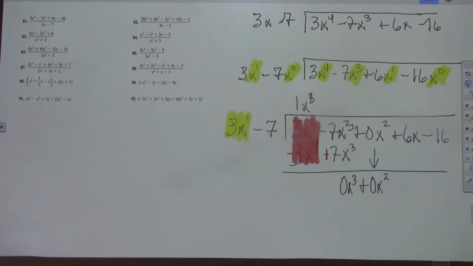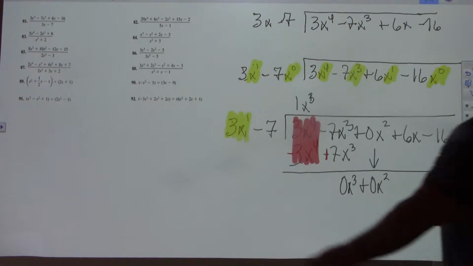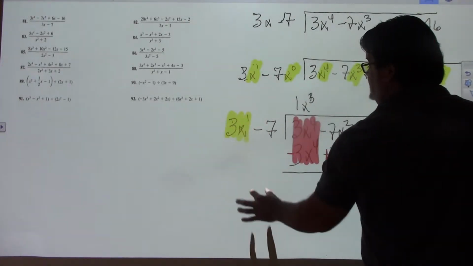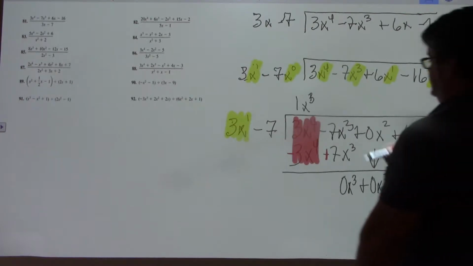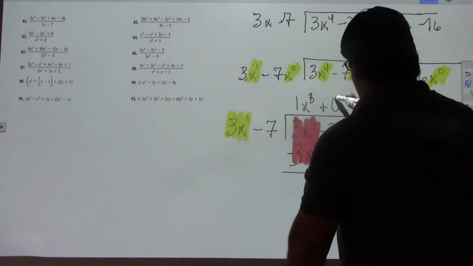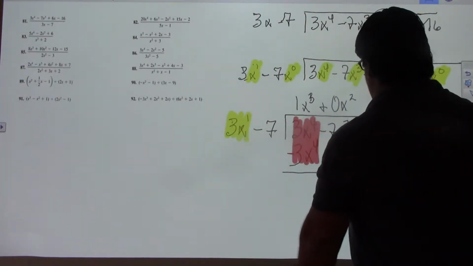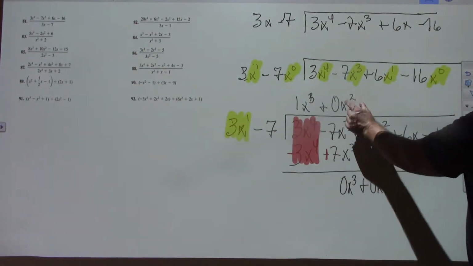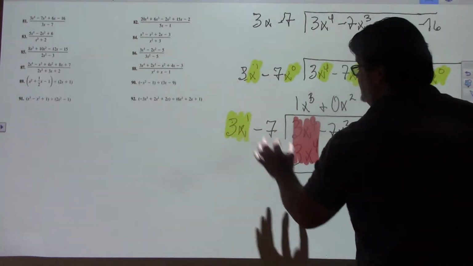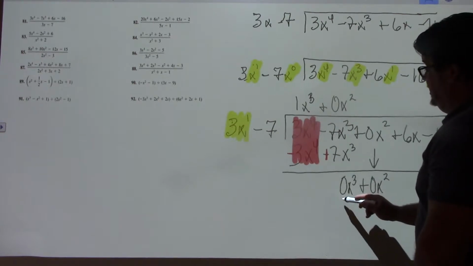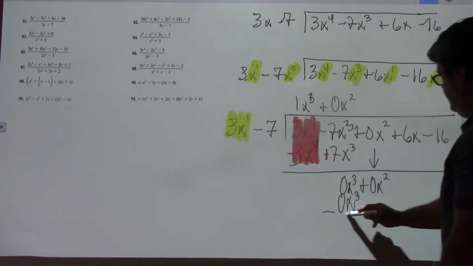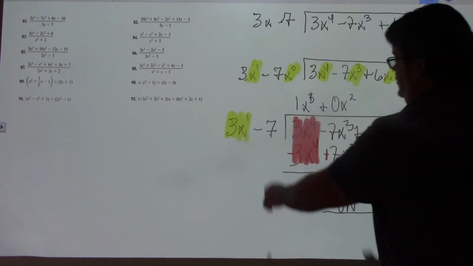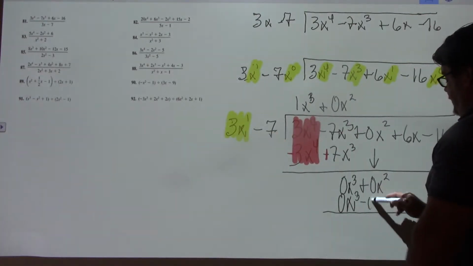So how many times will 3x to the first go into 0x cubed? 0x squared times. 0x squared times 3x to the first is 0x to the third. 0 times 7 is 0.